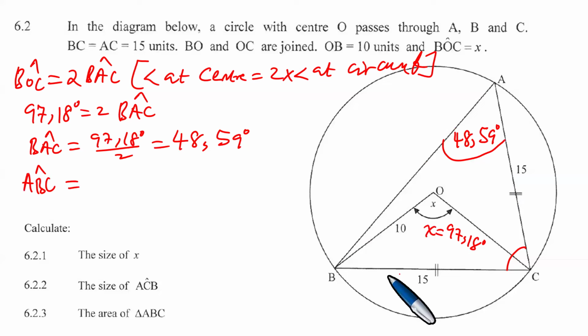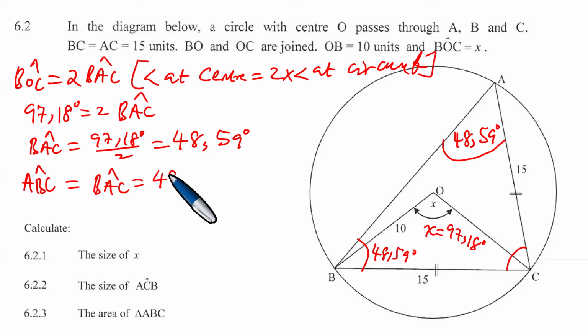Because this triangle is isosceles, the angle ABC is equal to the angle BAC, so this angle is equal to this angle, and this is also 48.59 degrees. Why is this the case?